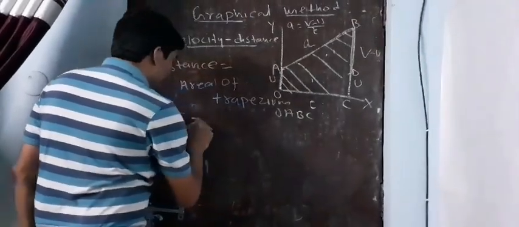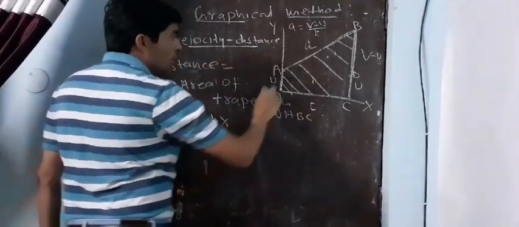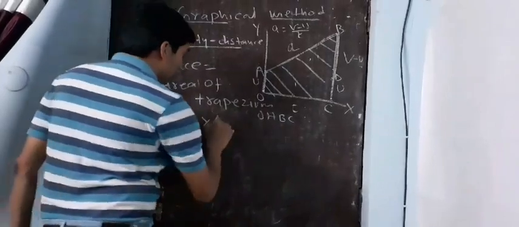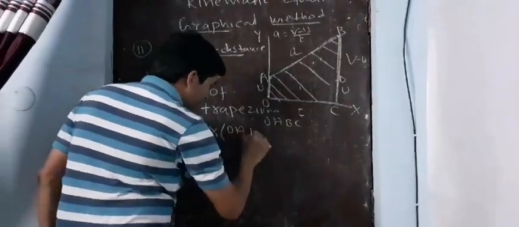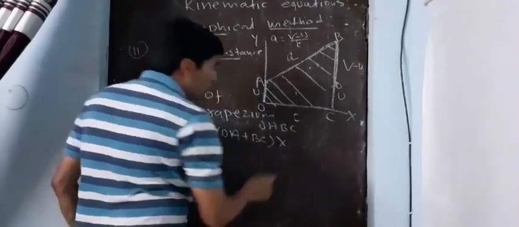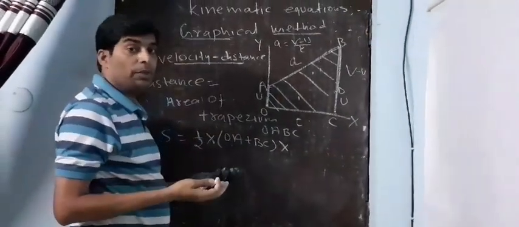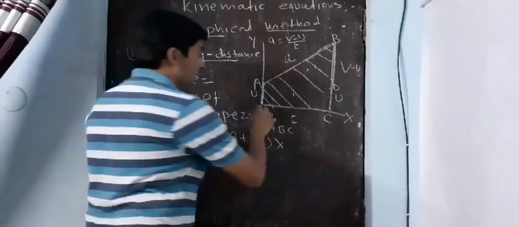And what is the area of a trapezium? It is half into sum of parallel sides. What are the parallel sides? OA and BC, into the separation between them, or distance between them, or perpendicular distance between them. That is the OC.